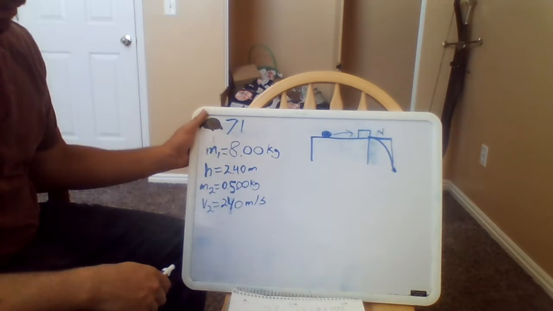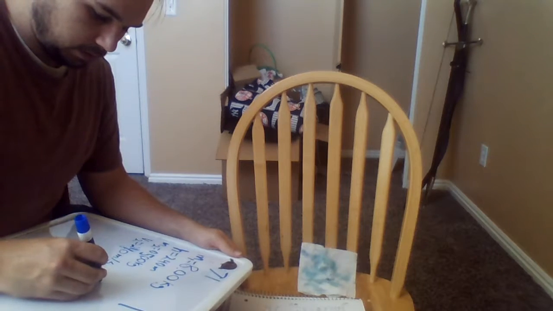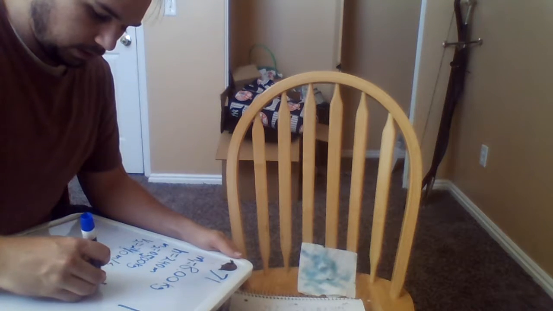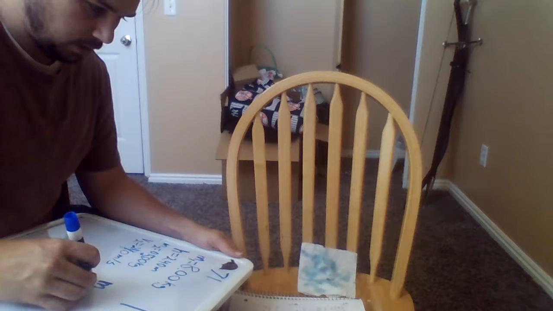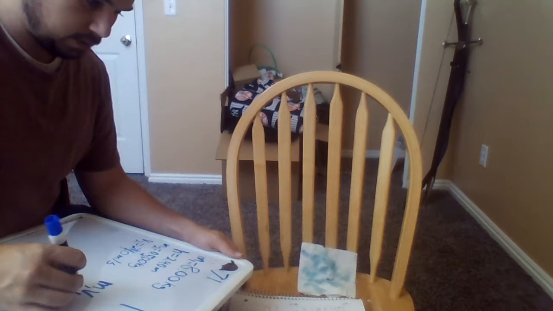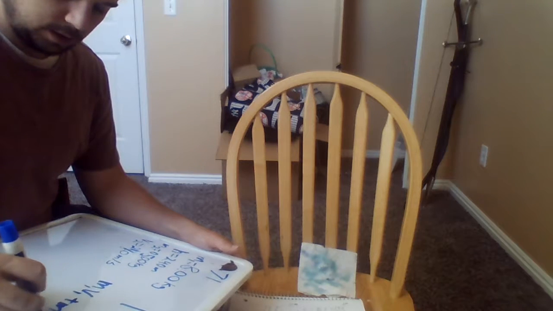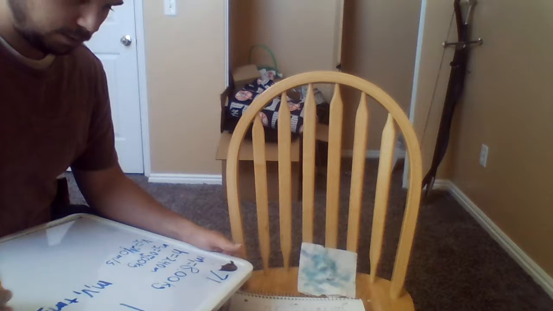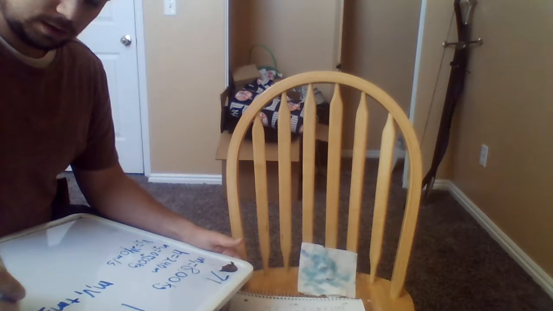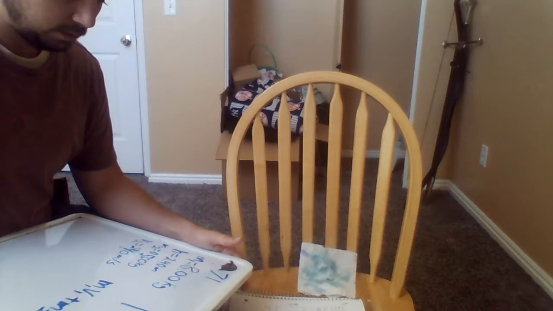And the way we're going to do that, first, let me set up an equation here. We're going to have the first mass times the velocity of that mass plus the second mass times the velocity of that mass, and we're going to set that all equal to the first mass plus the second mass times the velocity.